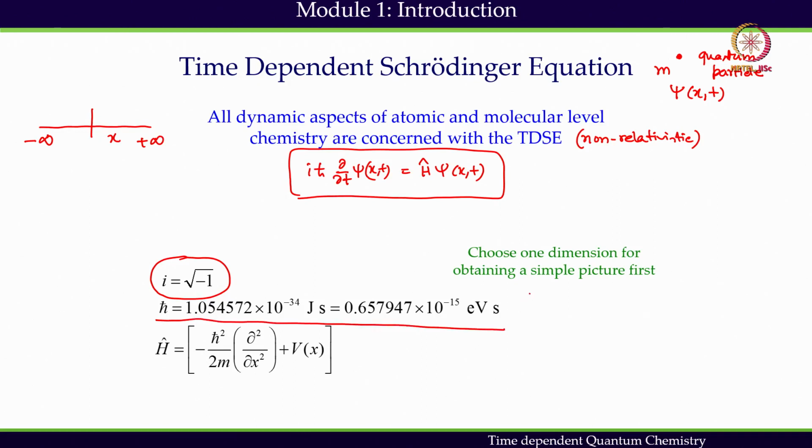It is actually the Planck constant h divided by 2 pi. We might want to remember this value in eV, because it becomes very useful in many calculations we'll be doing in this class. So this is the reduced Planck constant, which is the Planck constant divided by 2 pi, and H is the Hamiltonian operator.